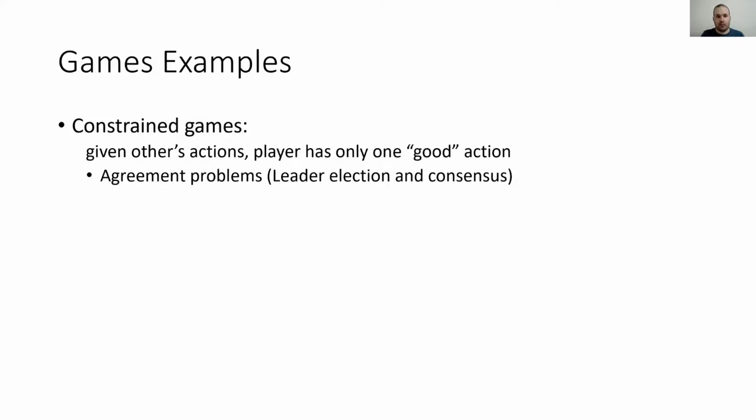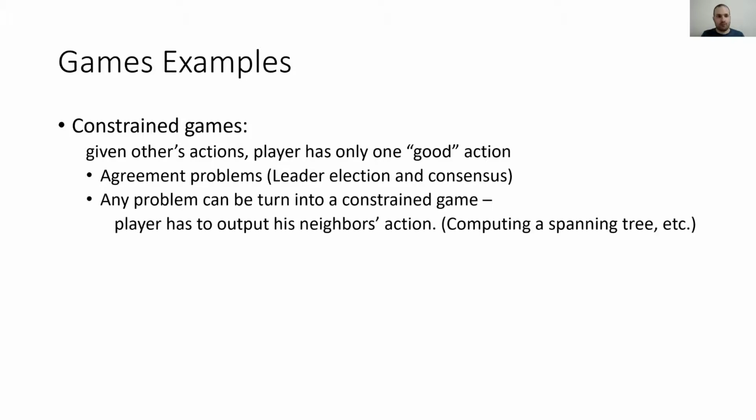For example, the agreement problems, right? The leader election or consensus. If other players chose a specific leader, the one player does not have incentive to deviate from this leader.